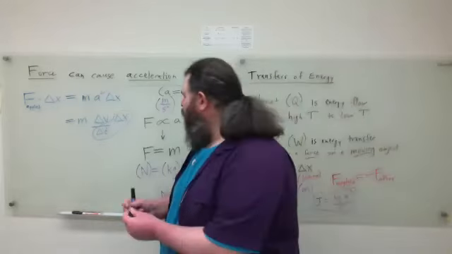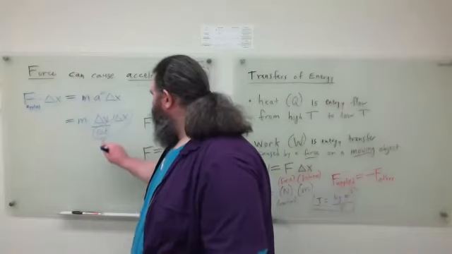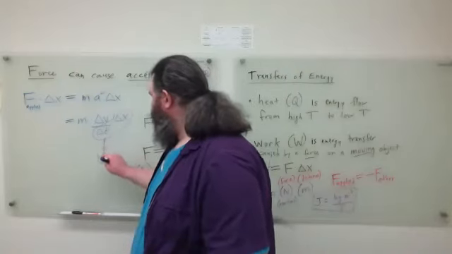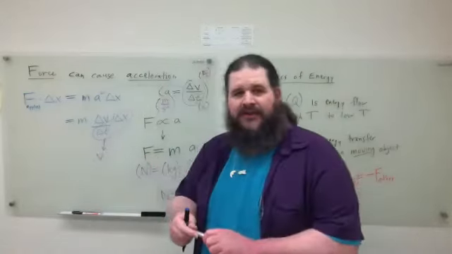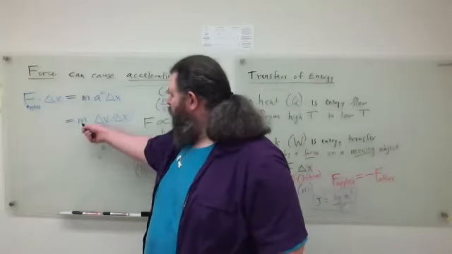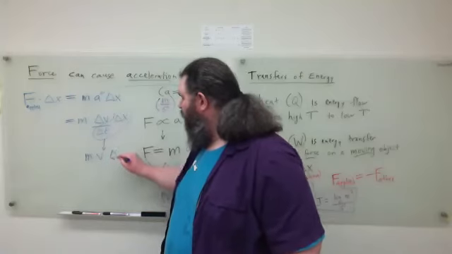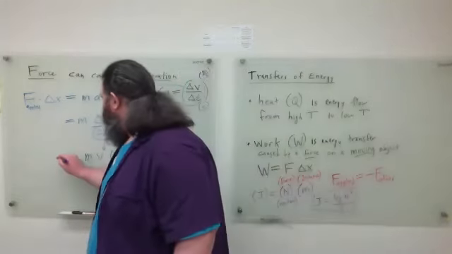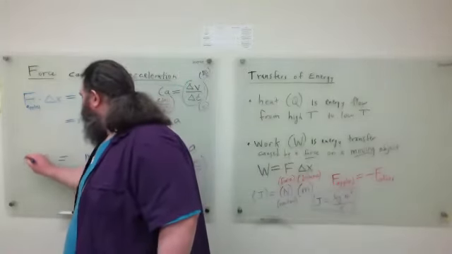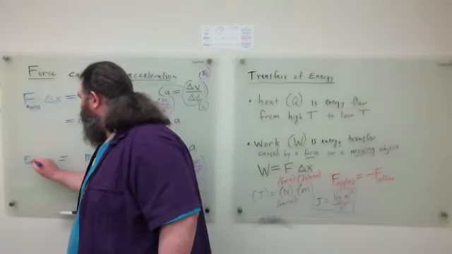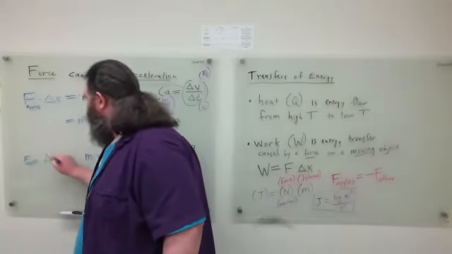Yeah, that itself is velocity. Distance over time is velocity. And if we fill in the rest, we've still got times mass, we still got a times delta velocity, and that should equal applied force times distance.